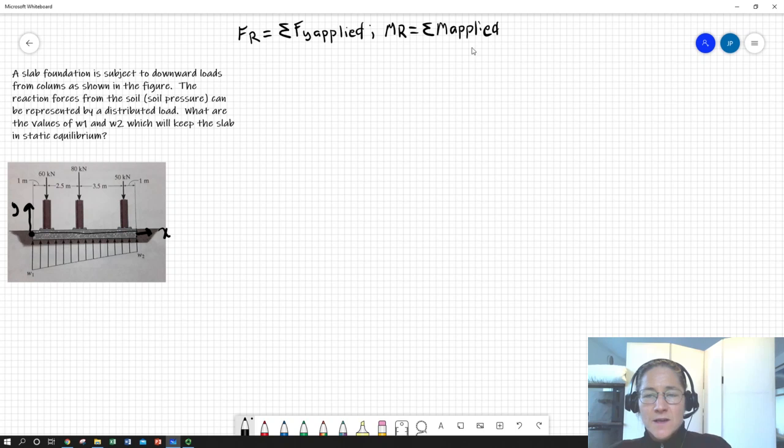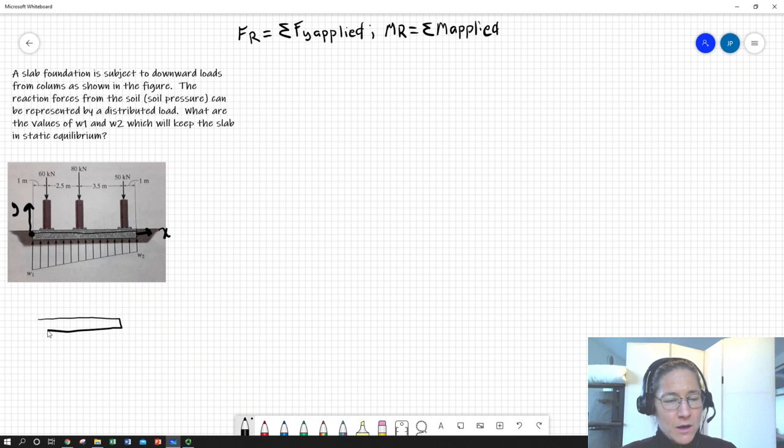Okay, so let's make ourselves a little FBD of the slab to get an idea of what those are. So we've got a point O here, the origin, and we've got 60 kilonewtons at 1 meter.